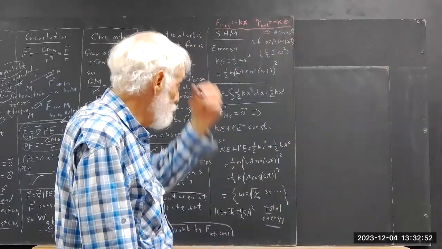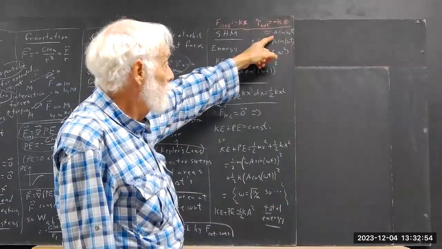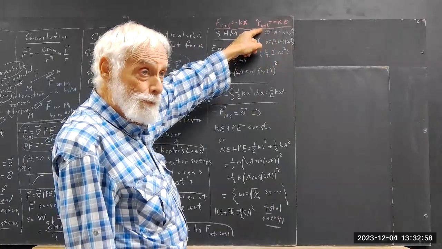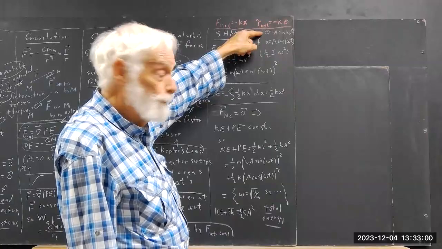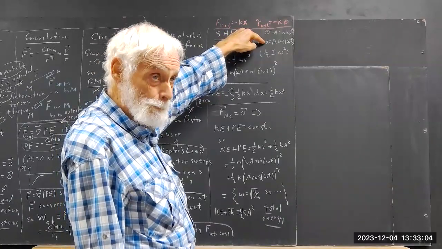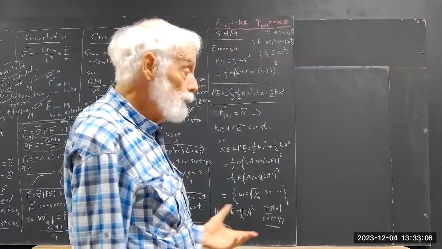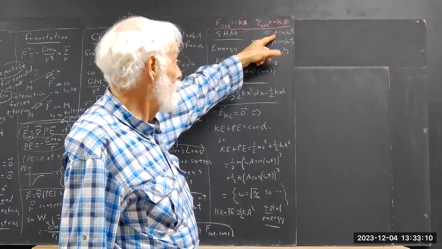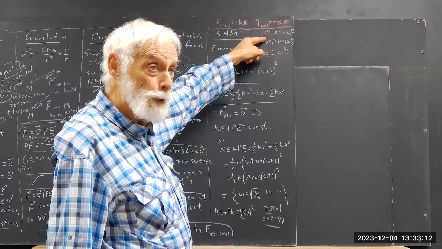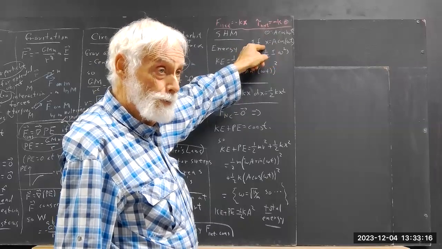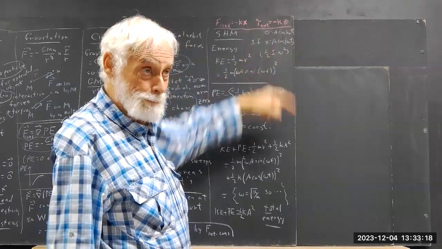That's important for a lot of problems. That applies equally well to x or to theta. This is for angular motion. This is for linear motion. The units are different. The units of A are going to be what? They've got to be the same as the units of theta, they're radians. Here your units of A are the same as units of x, SI units would be meters.